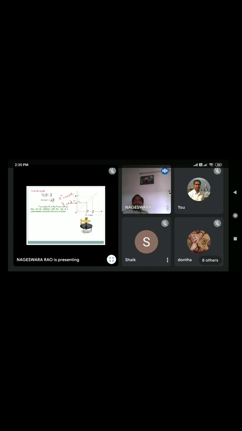What is this instrument? You see here, this is the spherometer. In this instrument, this is one leg, and there is another leg. There are three legs. This is the central leg. So when we rotate this one, this central leg will move downwards or upwards.